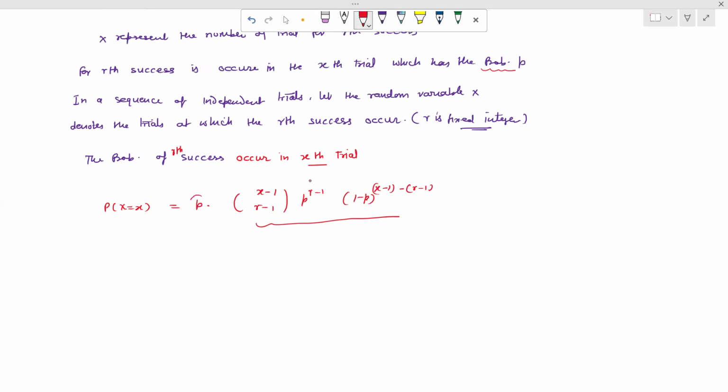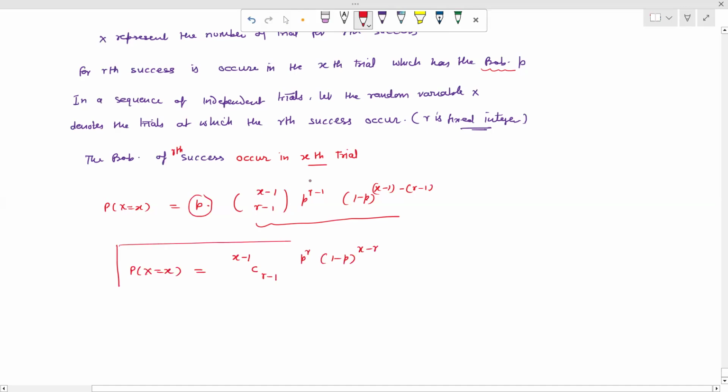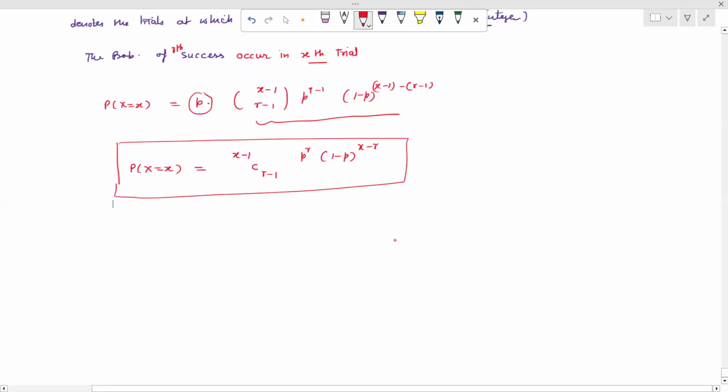So the success probability is p, so we multiply by p. So probability of x successes we can write as x minus 1 C r minus 1, p raised to the power r and 1 minus p raised to the power x minus r. So this is the probability mass function of the negative binomial distribution.